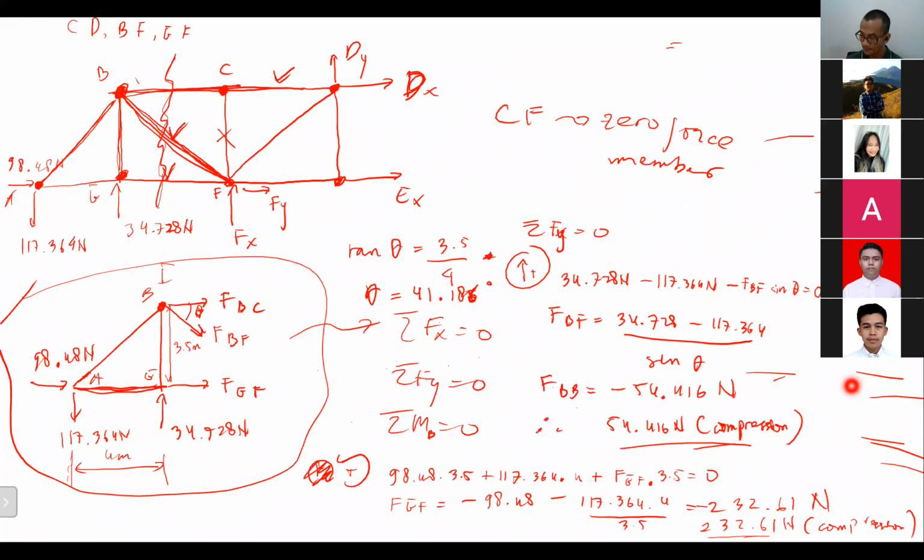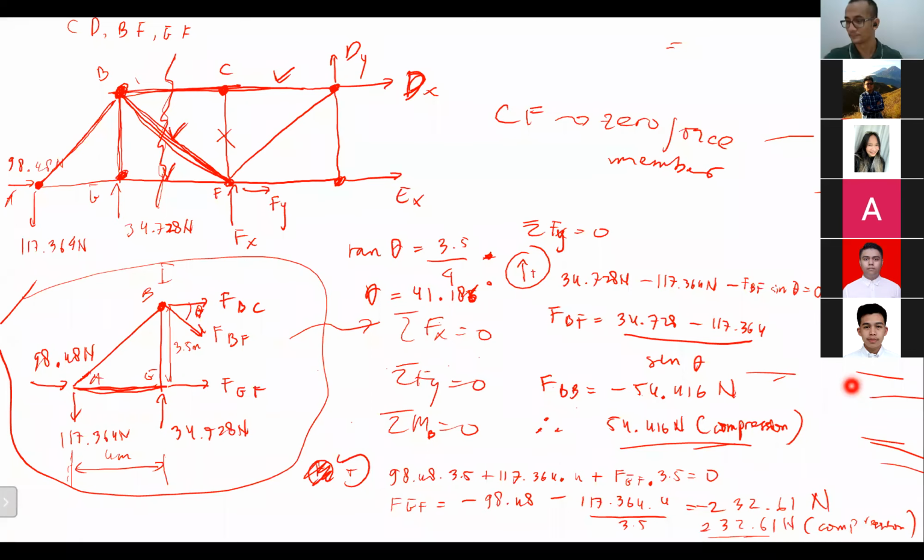Sir, the moment is about G or B? Point B. Why? I use point B as the center of moment because at point B there are two unknowns. So use sigma moment at the point where we have the most unknowns, because by doing so you can eliminate more unknowns.